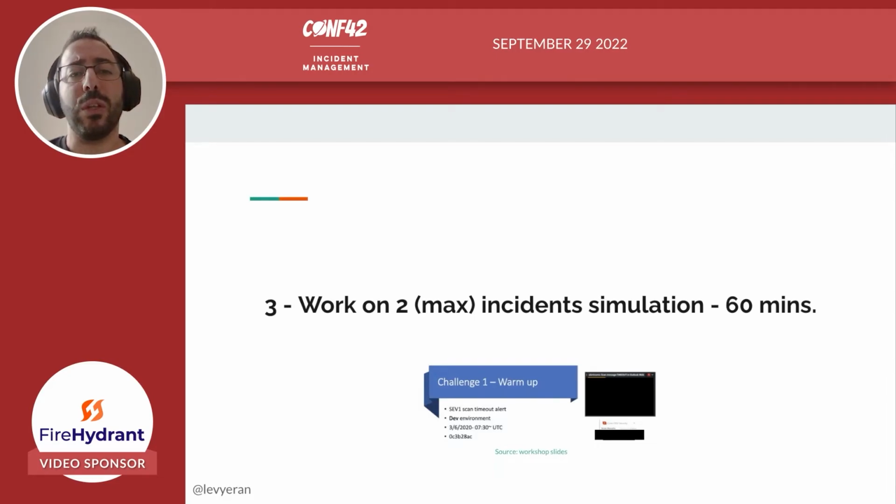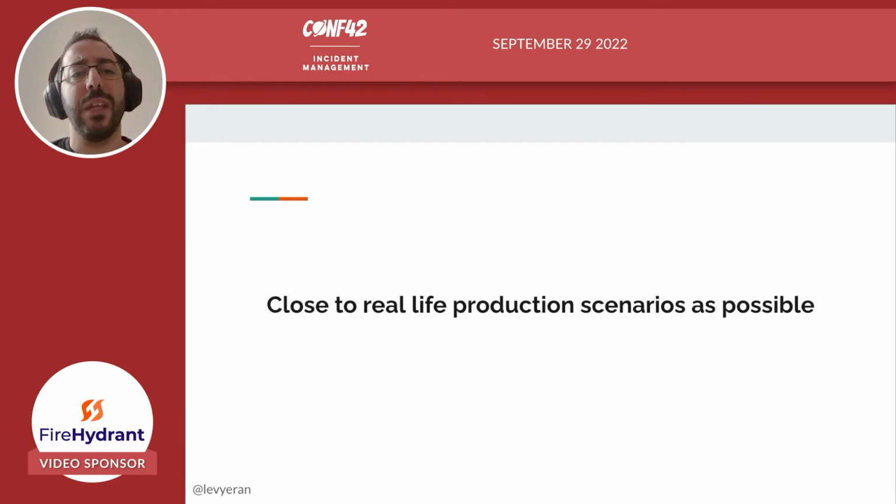Let me share with you what we're doing specifically in this part, which is the core of the workshop. I think that this is one of the most important things. Our on-call workshop sessions try to be as close to real-life production scenarios as possible by simulating real production scenarios in one of the environments.